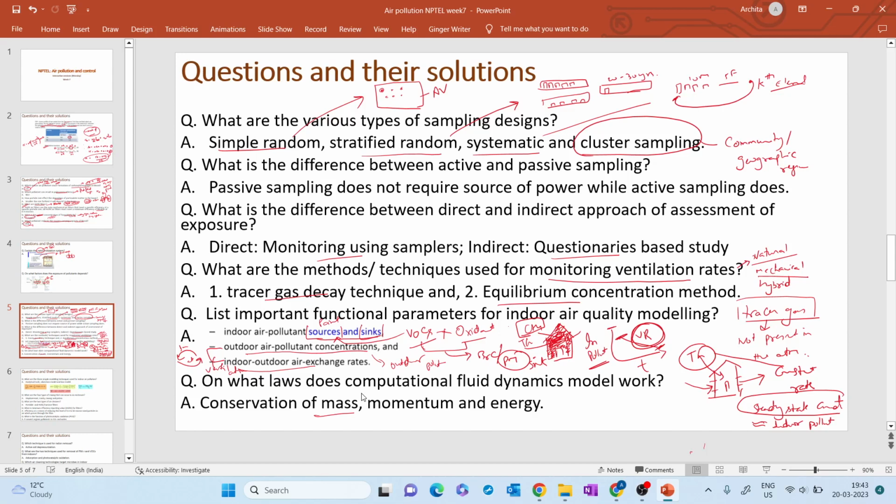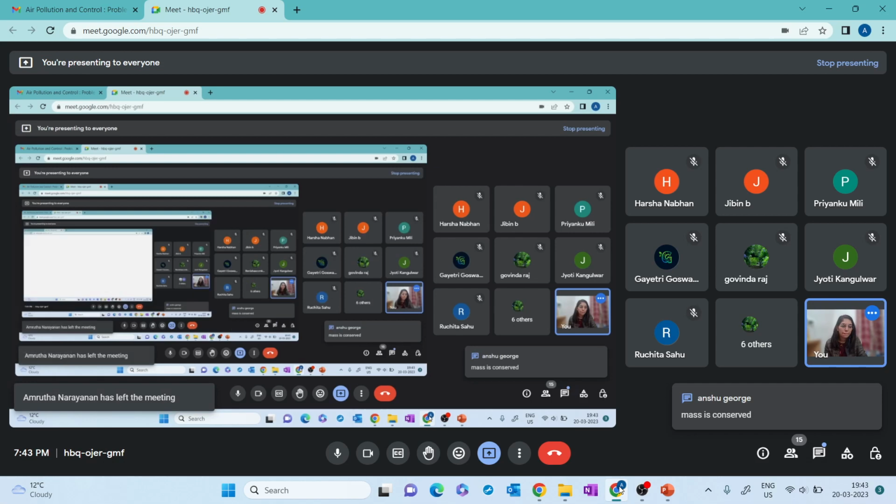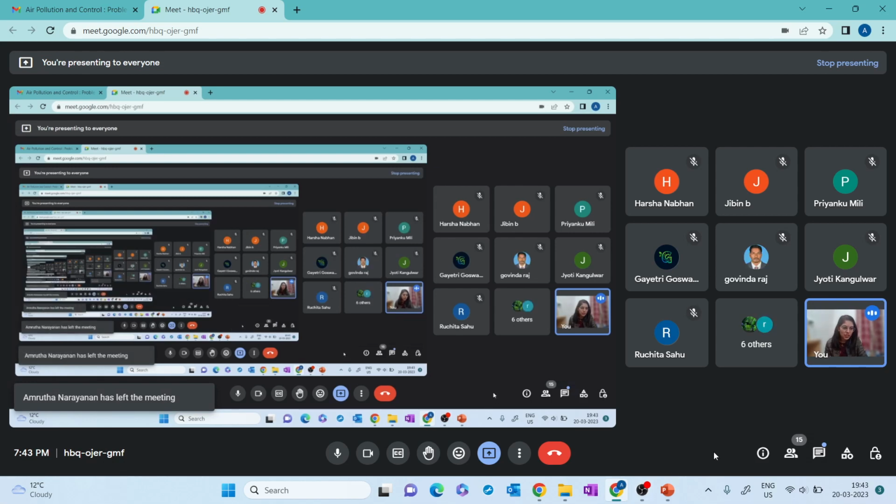Or simply, whatever is being generated in an indoor environment is there and is flowing. Momentum is that the... yeah, mass is conserved, yes.